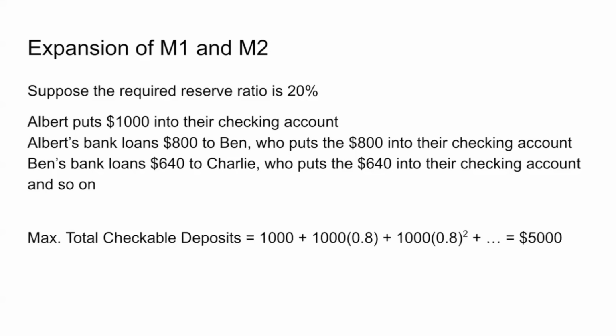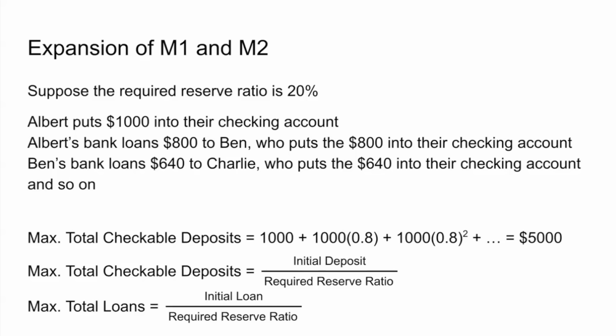So in the end, the maximum total amount of money that's in checking accounts is an infinite geometric series, and it is equal to 5,000. And the reason why it's the maximum is because not all banks will loan out all of their excess reserves, and not all people will put all their money into their checking account.